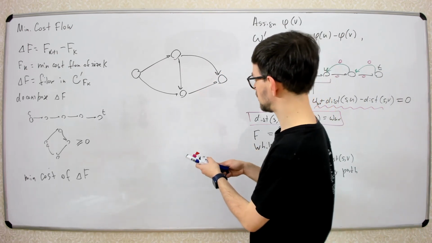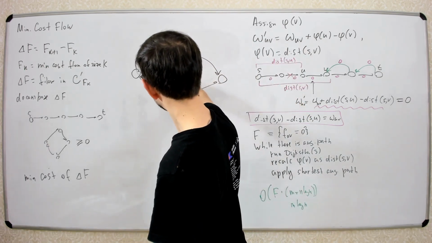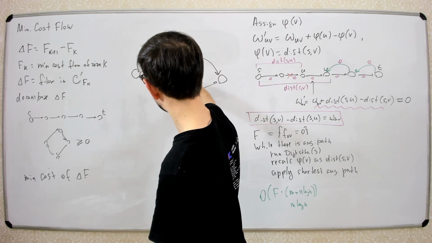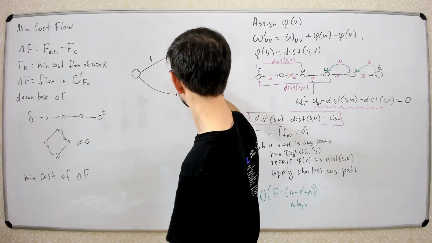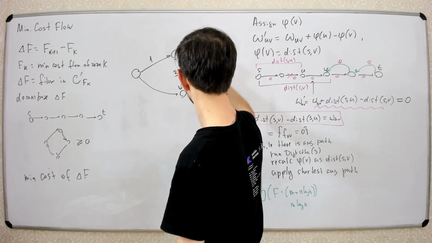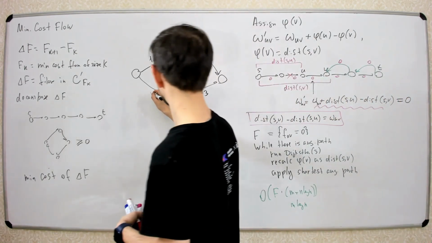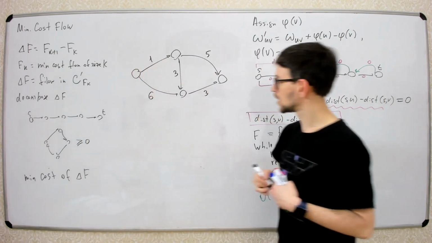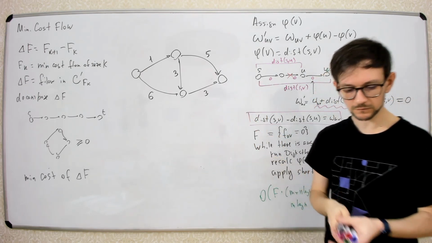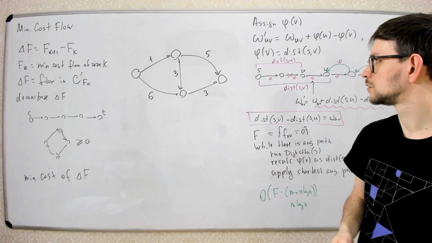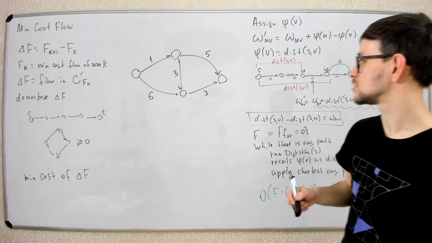And let's have something like this, where the weights will be 1, 3, 3, and 5, and something like 6 here.